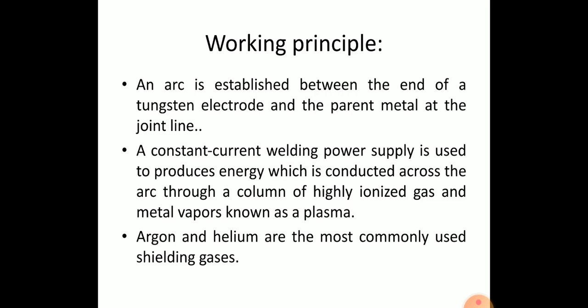A constant current welding power supply is used to produce energy, which is conducted across the arc through a column of highly ionized gas and metal vapors known as plasma. Argon and helium are the most commonly used shielding gases.